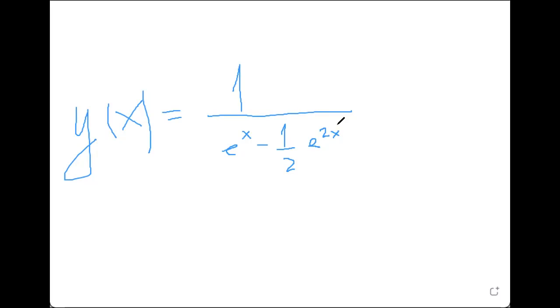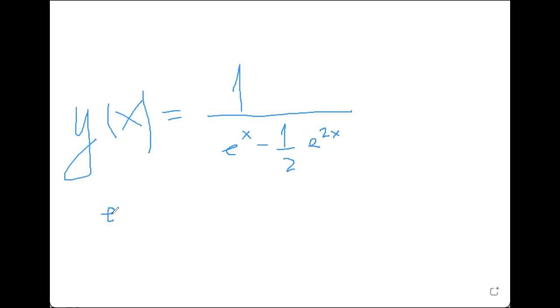Now we're trying to decide the question, when is the denominator of this fraction equal to 0? So that's the point at which this function will have a vertical asymptote. So, well, let's solve it.